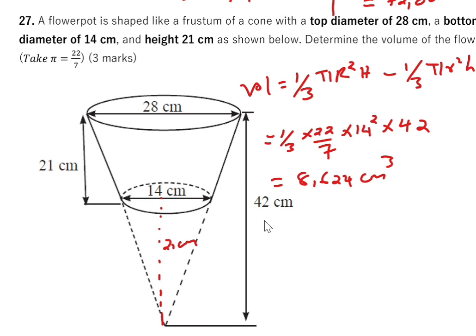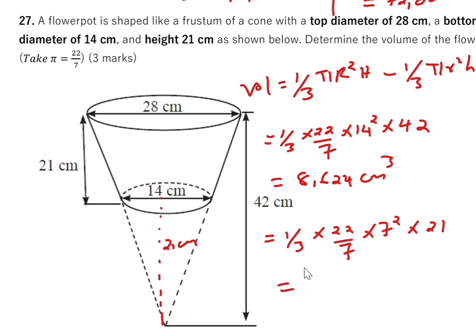What about the removed cone? This one here, its volume will be a third times pi, 22 over 7, times the smaller radius. This is the smaller radius, so it is 14 divided by 2, it is 7 squared, multiplied by the height. From here to here it is 21.